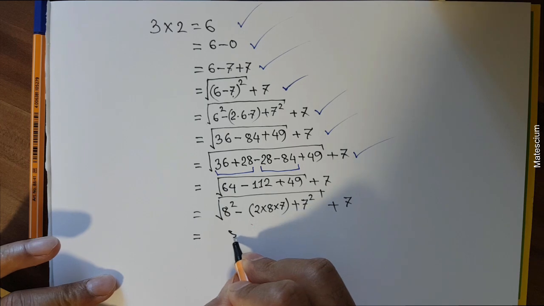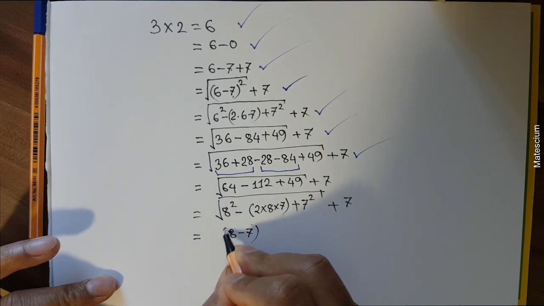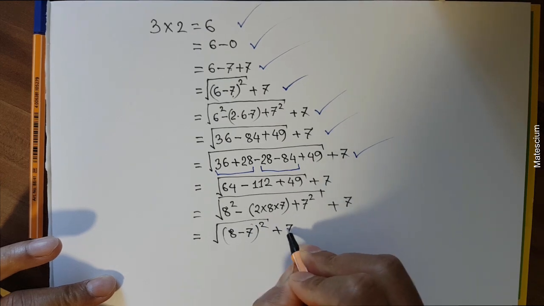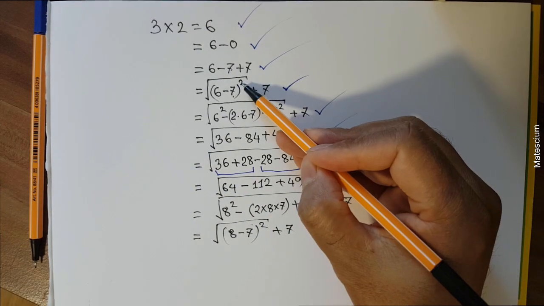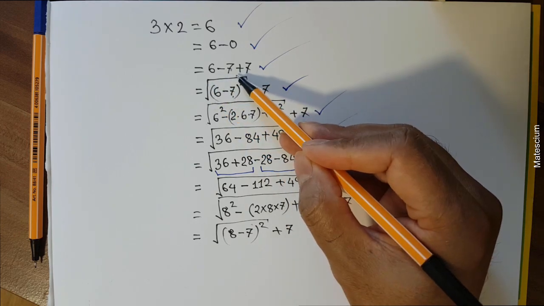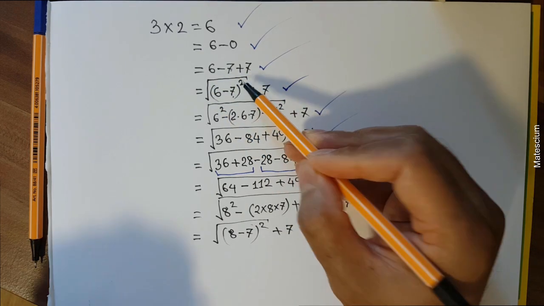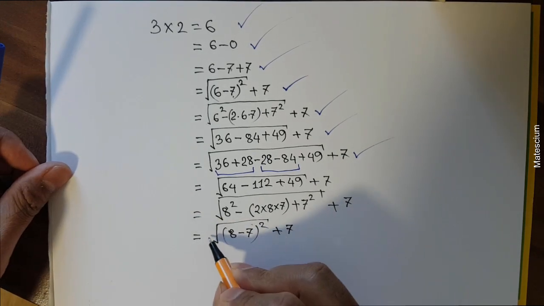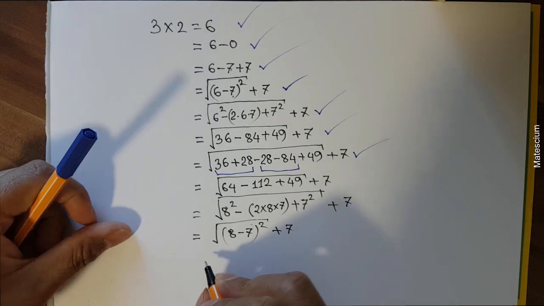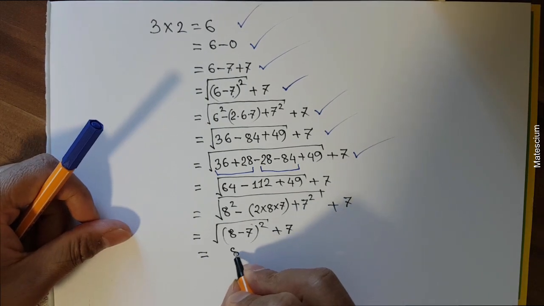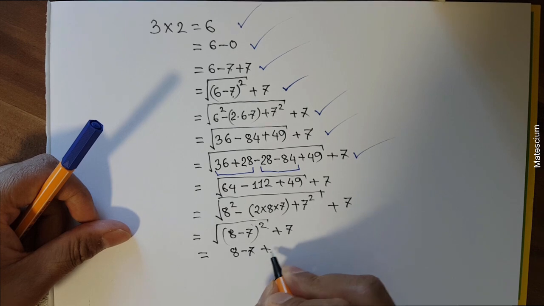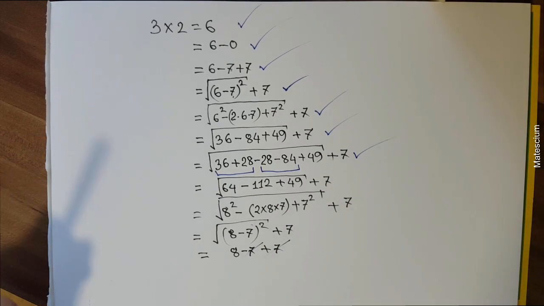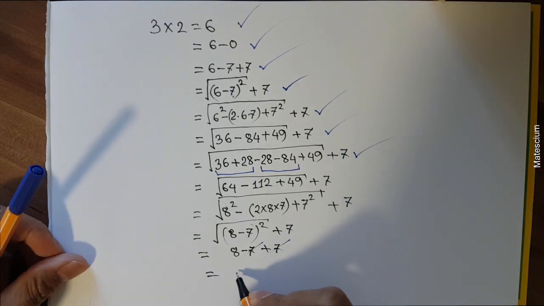That means 8 minus 7 whole squared and then the square root here plus 7. As I mentioned, this square and this square root cancel each other and what remains is 6 minus 7. I am applying the same trick here. This square and that square root cancel here, and I can rewrite this part as 8 minus 7 plus 7. This minus 7 and plus 7 cancel each other and what remains is 8.